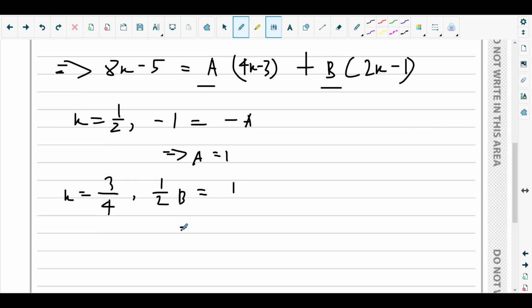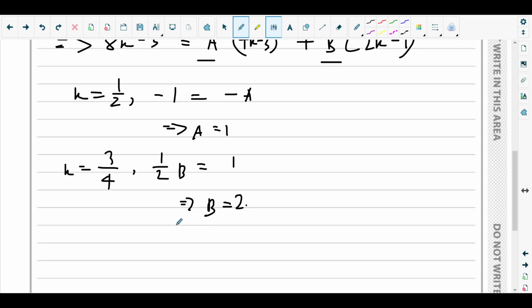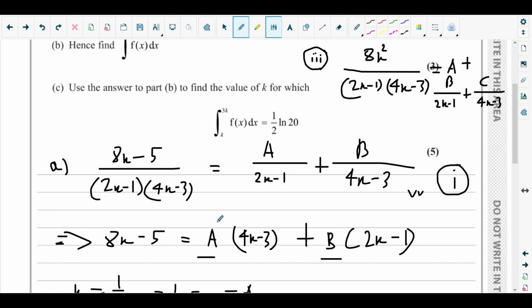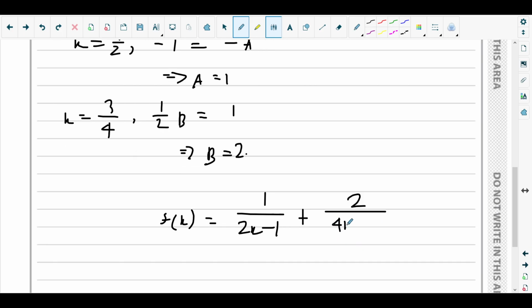So we'll get b equals to 2. So we got the value for a and b, right? So f of x in partial fractions can be written as 1 over twice of x minus 1 plus 2 over 4x minus 3.